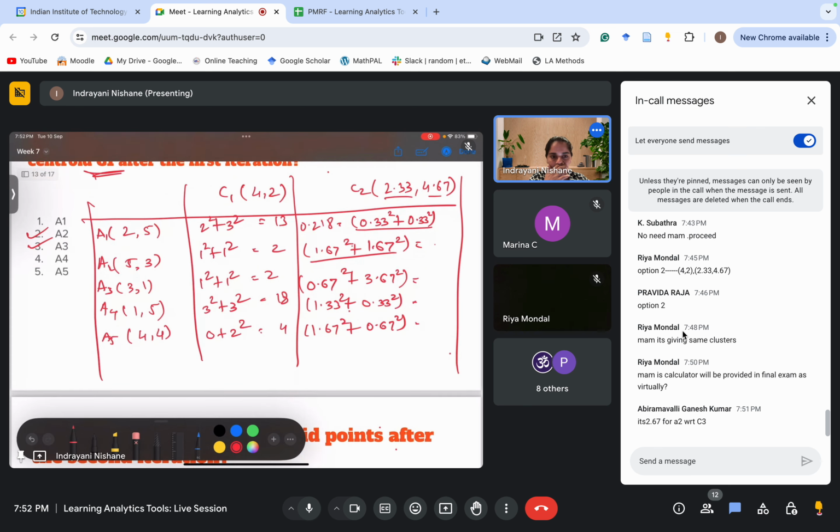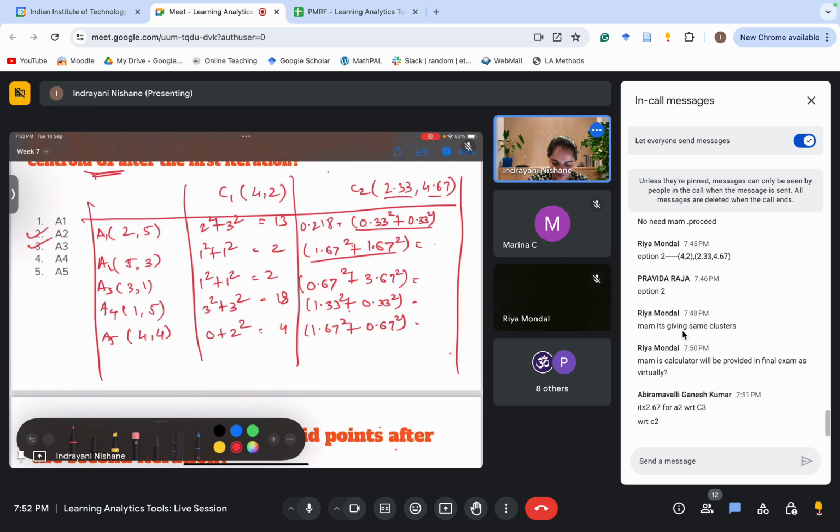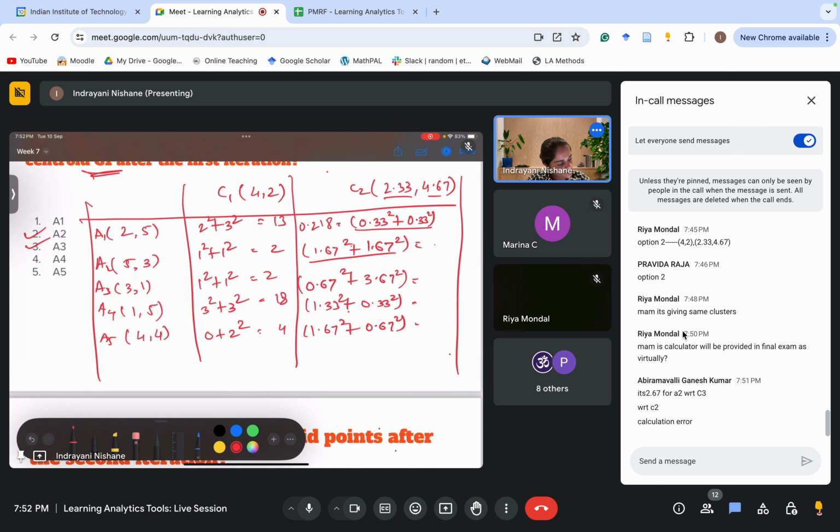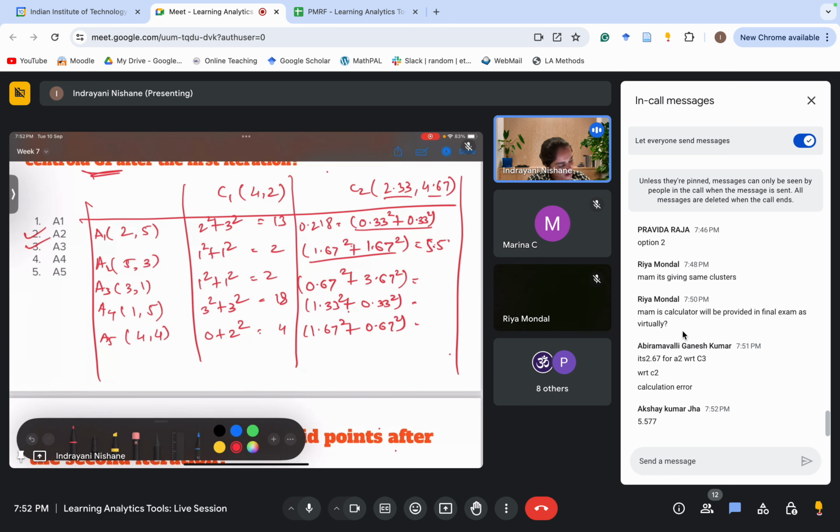Okay, we will take up the doubt in the chat box a little later. Then next point is 1.67 square plus 1.67 square, which is 5.5778, so we'll consider it as 5.8. Then next is 0.67 square plus 3.67 square, which is 13.9178, so we can consider 14.